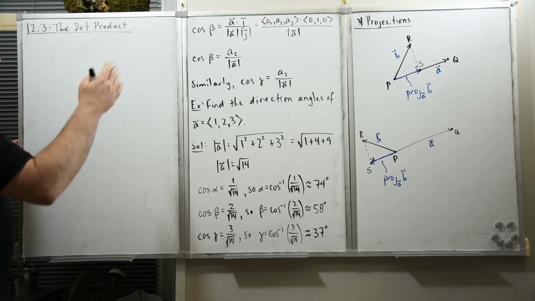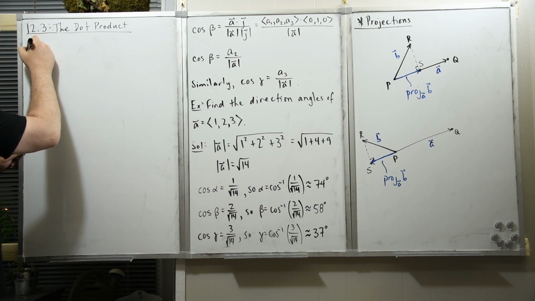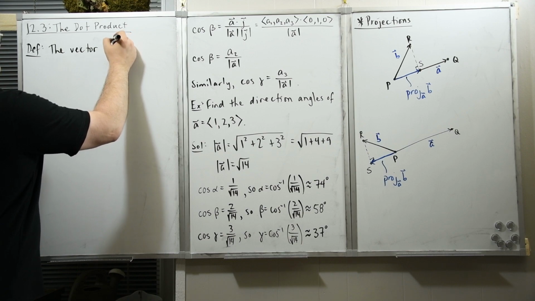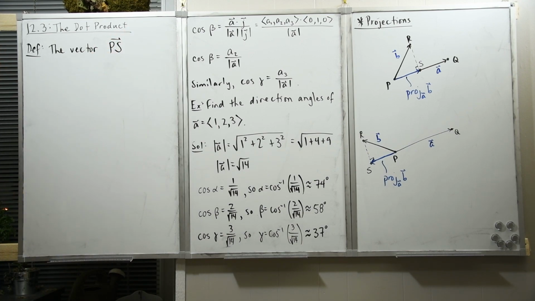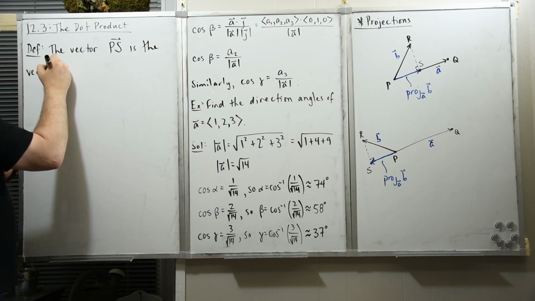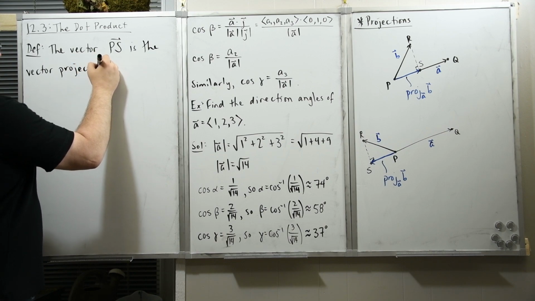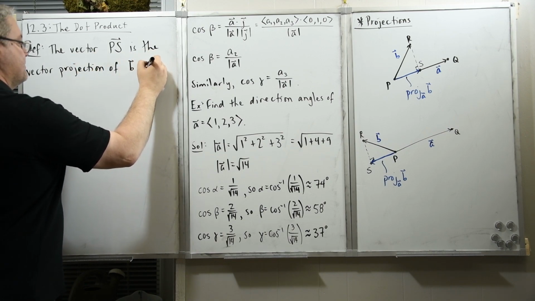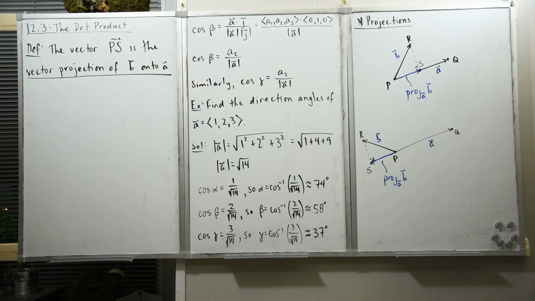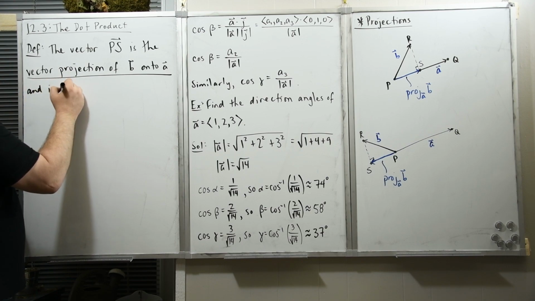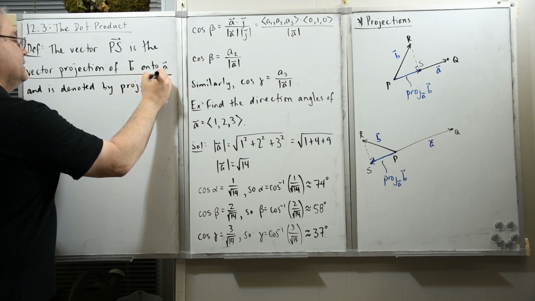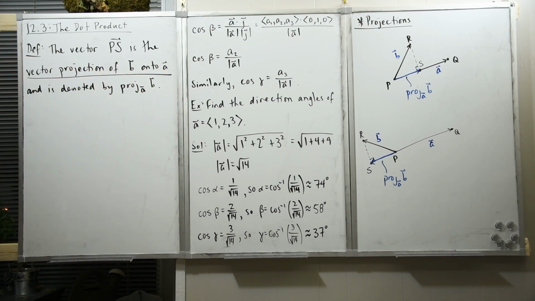Alright, so in both cases the way this is set up, the vector PS is the vector projection of B onto A. We already have some familiarity with that notation.